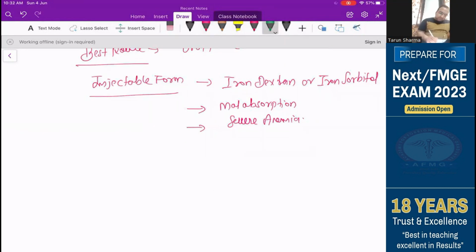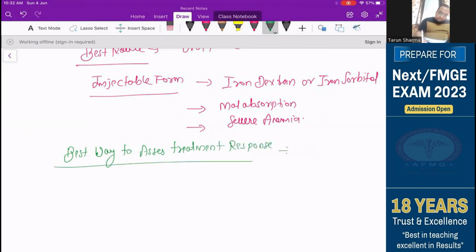Then comes the question: what is the best way to assess treatment response? Like the patient comes to you and he or she might ask you how will I know that my treatment is responding.